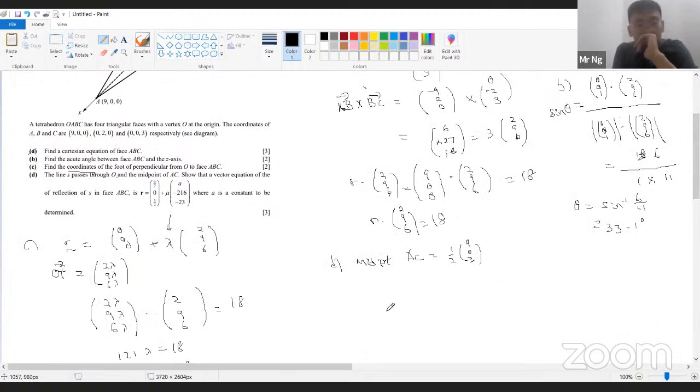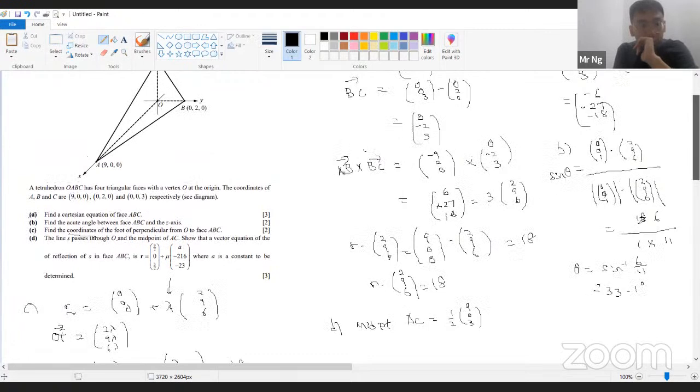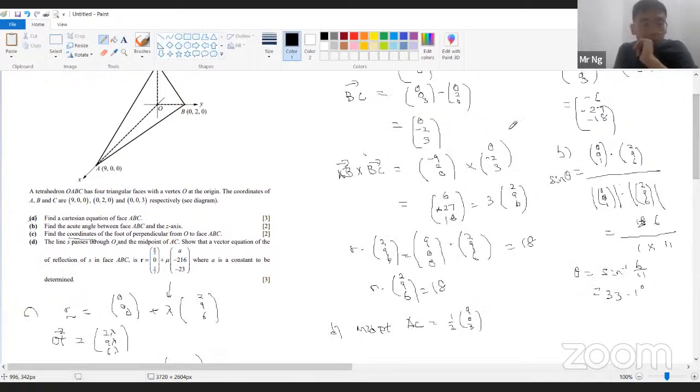Then after that, the reflection of O in the plane. So you already have the foot of perpendicular.